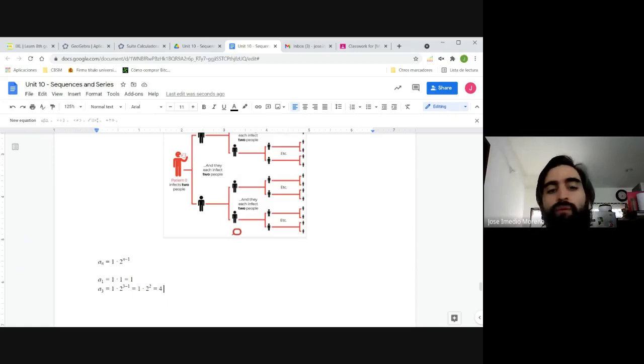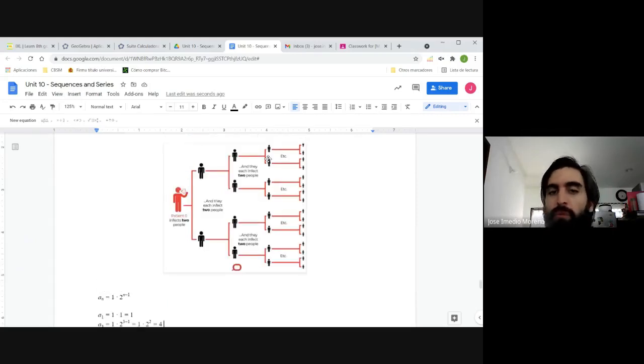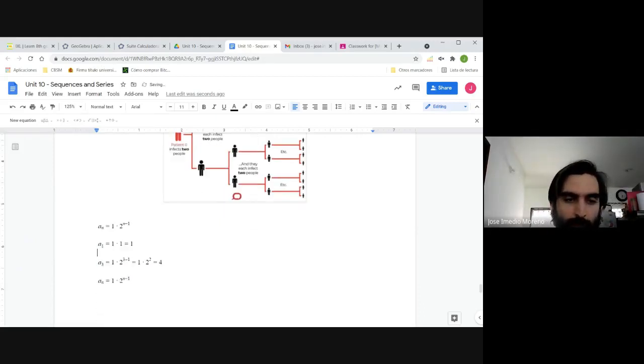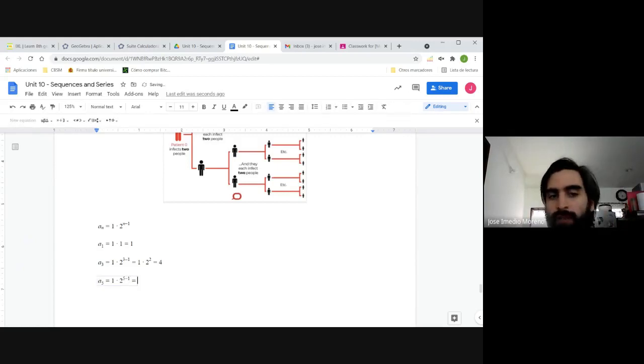If we keep computing this, we will be getting these values. Let's say I want to compute day 5. On day 5, I'm going to get 1 times 2 raised to the power of 4. So this is 16.